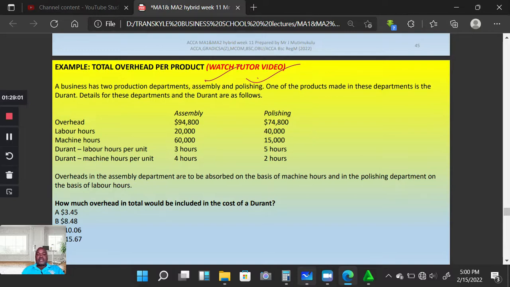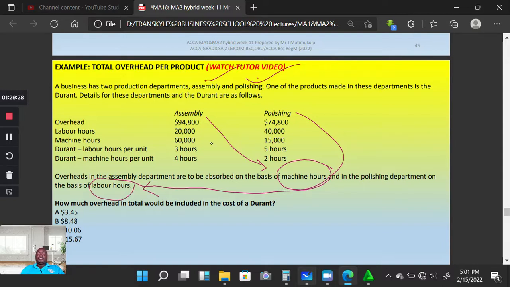Details for these departments and the Durant are as follows. Overheads in the assembly department are to be absorbed on the basis of machine hours, and the polishing department on the basis of labor hours.